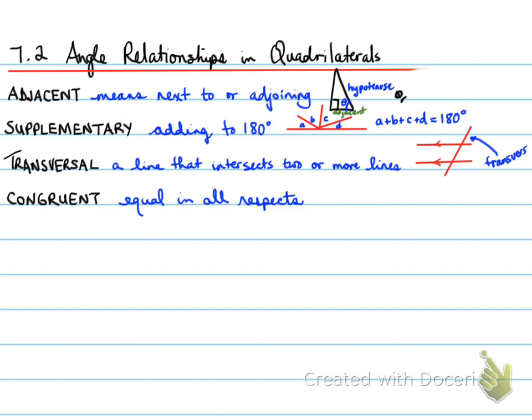The last one, congruent. Congruent means same shape, same size. So if I was to take a triangle and draw a triangle, as such, we're going to draw one here.